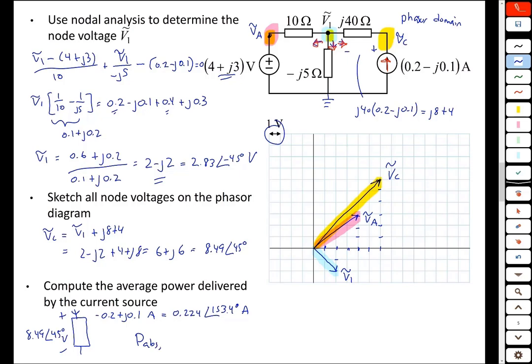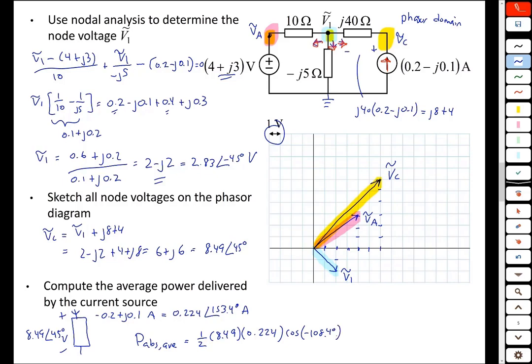So the absorbed power, the average absorbed power, is what? We need the 1/2 term because we're not looking at RMS voltages here. So 1/2 times the voltage magnitude, 8.49, times the current magnitude, 0.224, times the cosine of the difference between the angles. 45 degrees minus 153.4 degrees is minus 108.4 degrees.